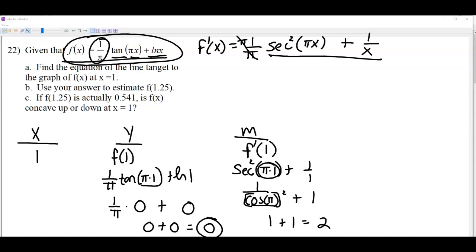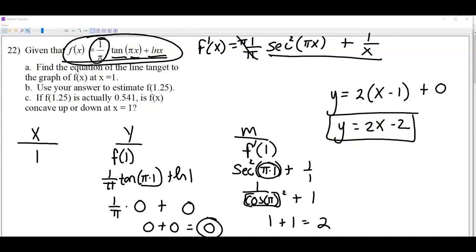So the equation of our tangent line would be y is equal to our slope times x minus the given x value plus the y value. And then if we just simplify, which if you have an FRQ, you don't really need to worry about simplifying it, but we have that there. So that would be the tangent line at x equals 1.